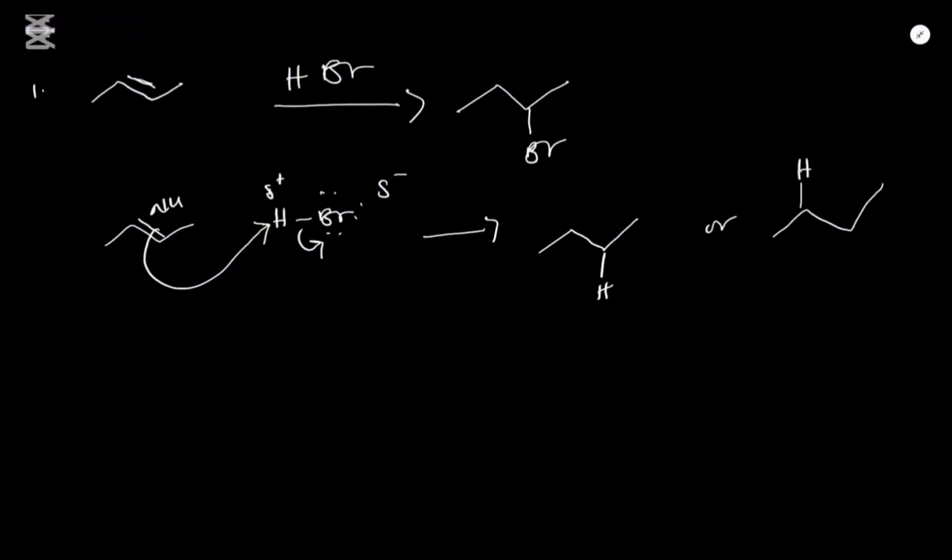So you just get one of them, because this part is similar to this part and this one is similar to this one. Let's get one part like here. So our positive charge will be there. Now we have eliminated bromide, the negative charge. This now will come and attack this molecule here.